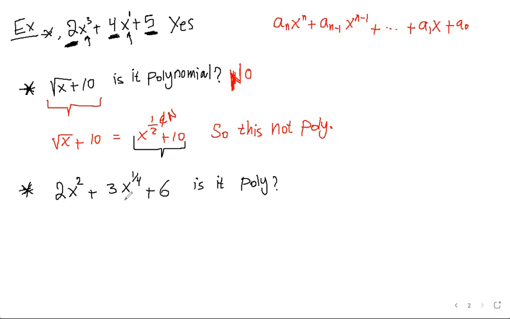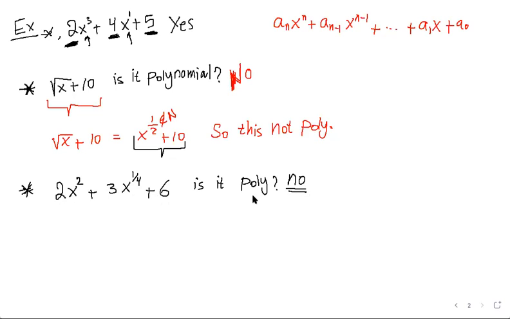Is it a polynomial or not? Again, 2, 3, 6 are real numbers. x is a variable, 2 is a natural number, 1 over 4 is not a natural number. That means this is not a polynomial.